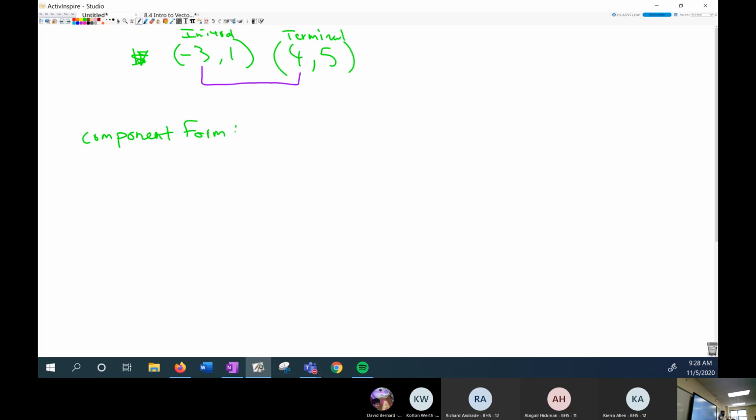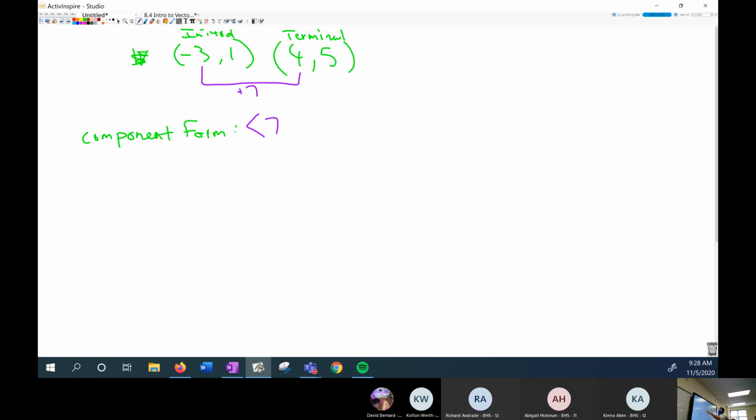And 7 units which way? To the right. I got to go from initial to terminal, so I'm going to have to do a +7 to get from this x to this x. Again, a vector is just instructions. Here's my starting point. Here's my ending point. Give me the instructions to get from here to here. So that's a +7. That means in component form, I got an angle bracket and then a 7.